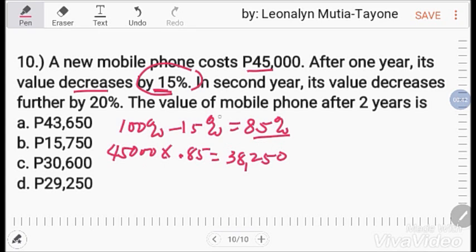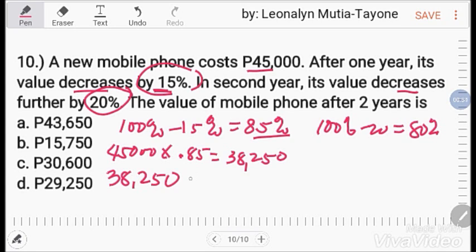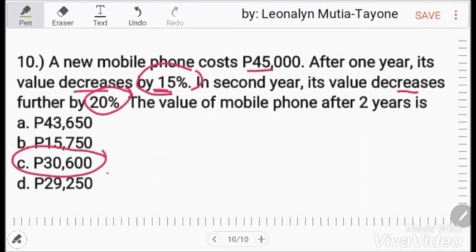And ang next ay 20% ang decrease. That means 100% minus 20, that is 80%. So, 80% ng 38,250, and that is 30,600. This is the answer.